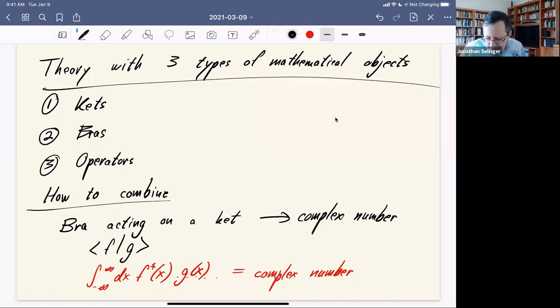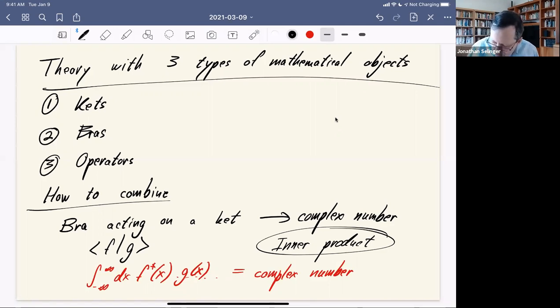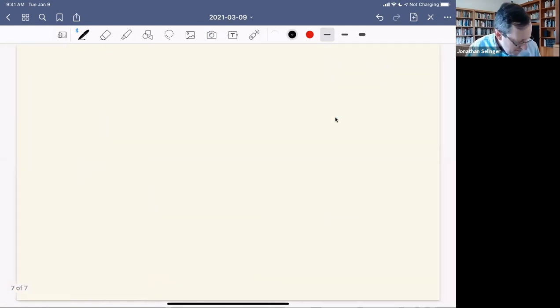So the ket fills in the blank in the bra, and then you can do the integral and you get the complex number. This is the inner product. Okay, what about an operator acting on a ket?